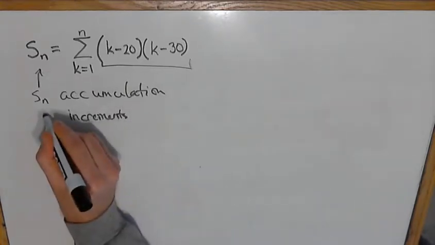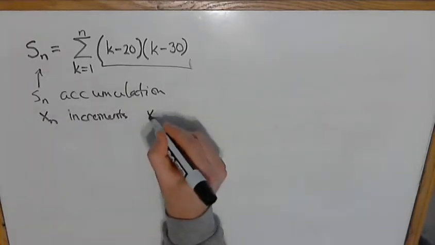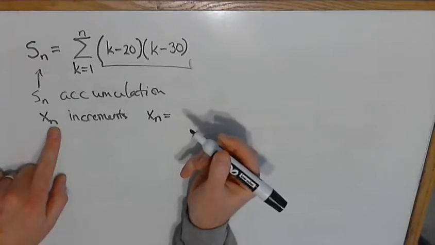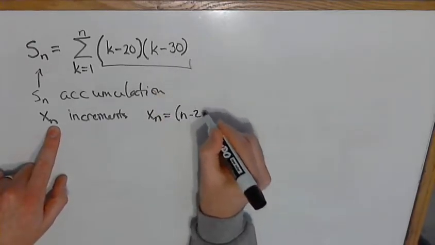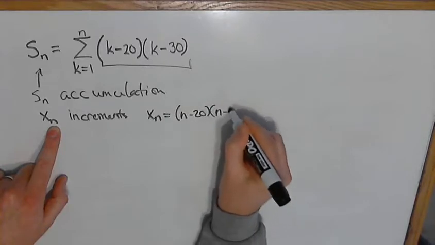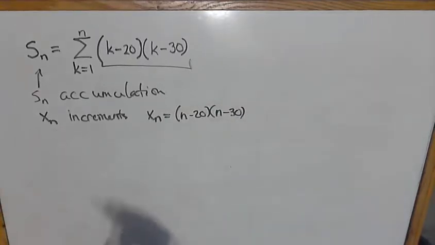And if I gave that a name, let's say xn, what that means is, here n is my index, n minus 20 times n minus 30 is the last number. That's what I get using the last index. It's the last number added in the series to be able to create the value Sn.